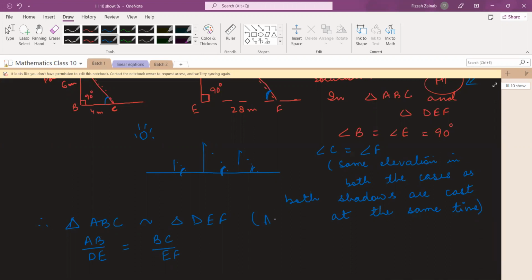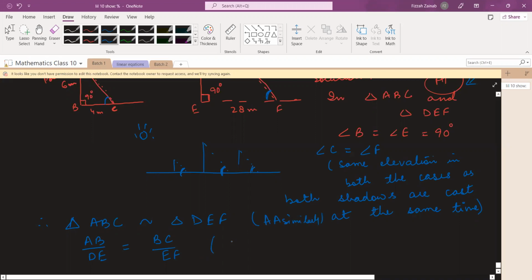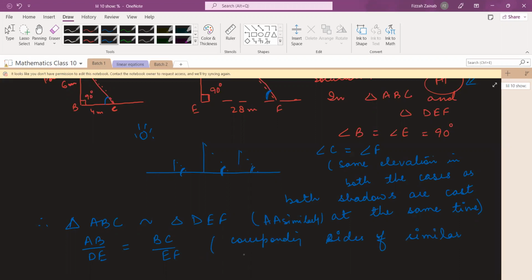By AA similarity, please write: corresponding sides of similar triangles are proportional.